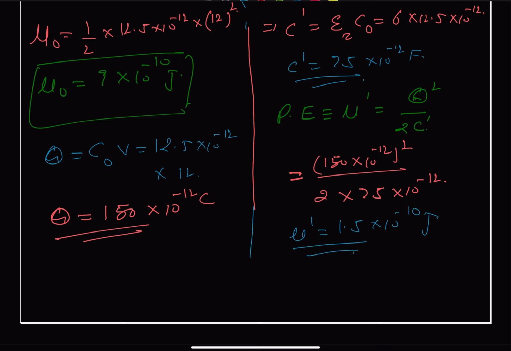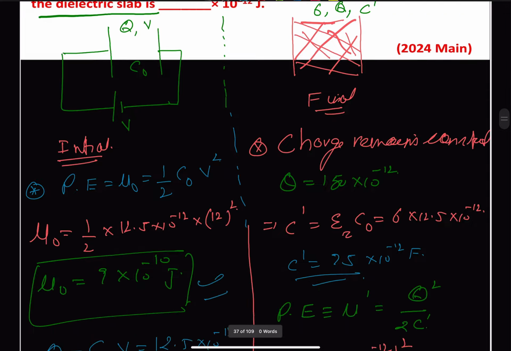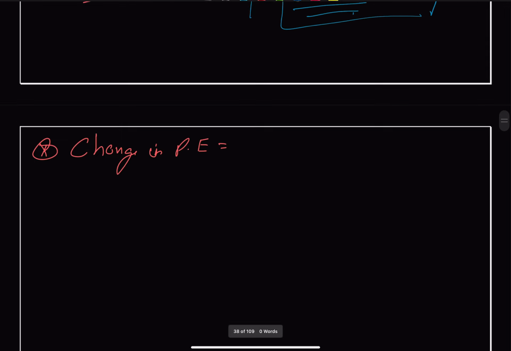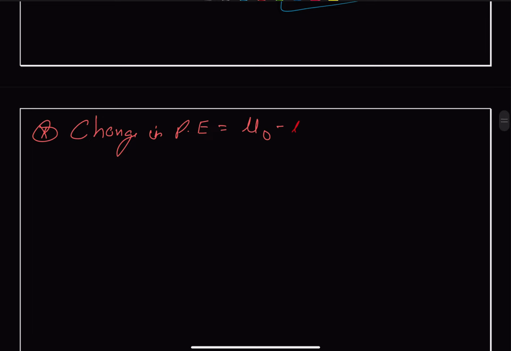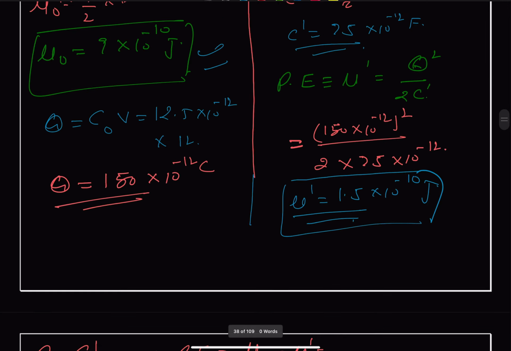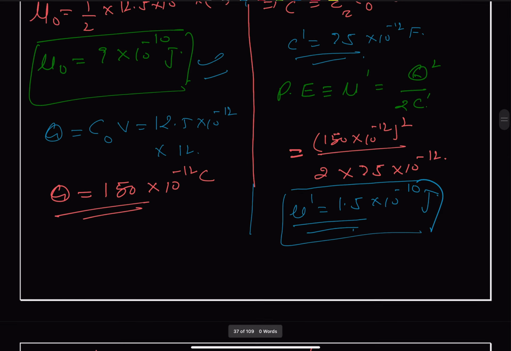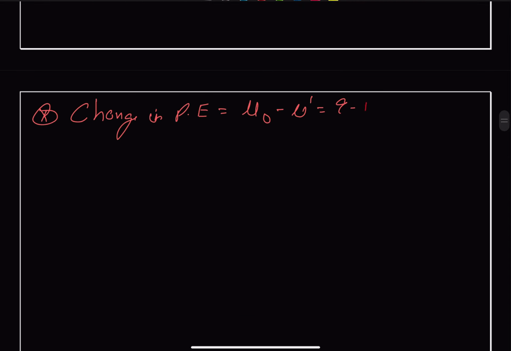So we have the initial energy as well as the final energy, and we have to find the change in potential energy, so we can just subtract them. Change in potential energy is our U naught minus U prime, which is 9 minus 1.5 into 10 to the power minus 10.